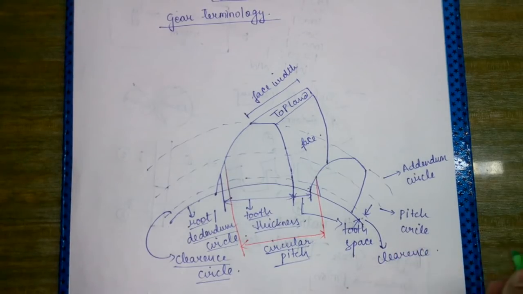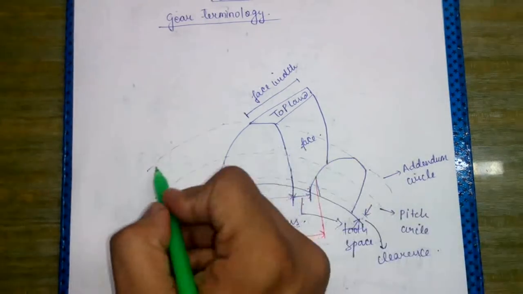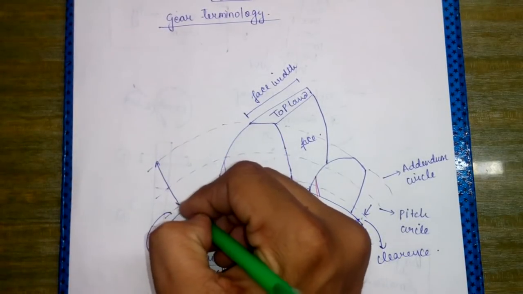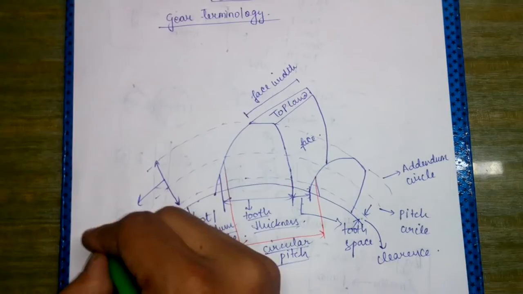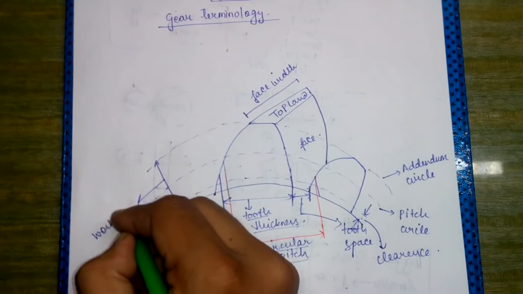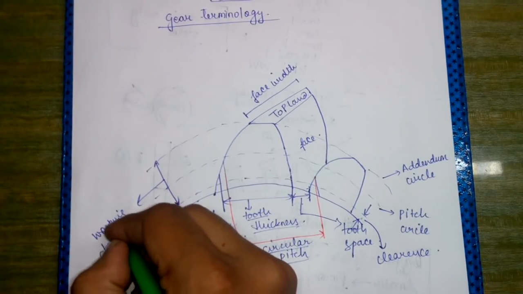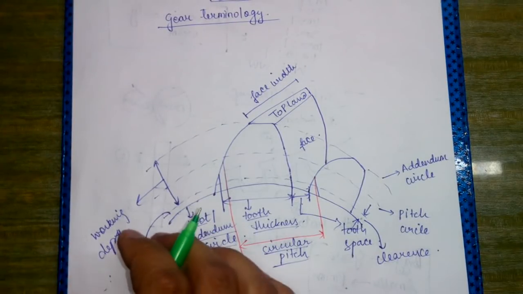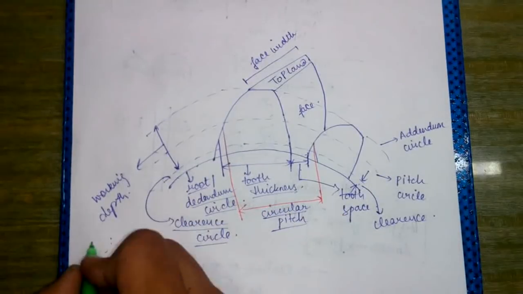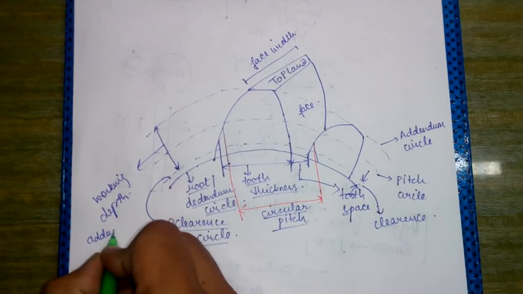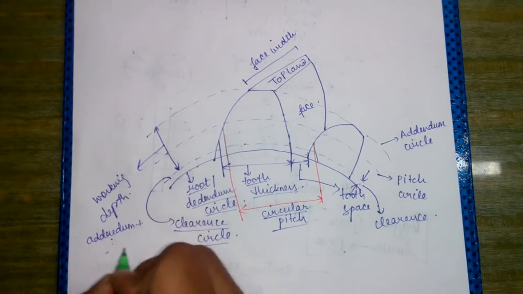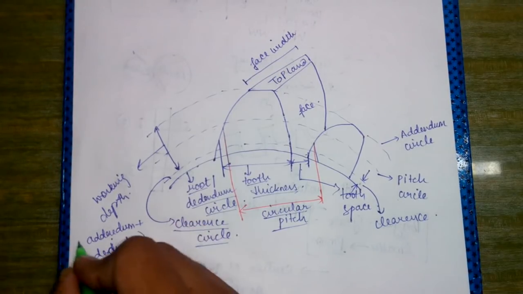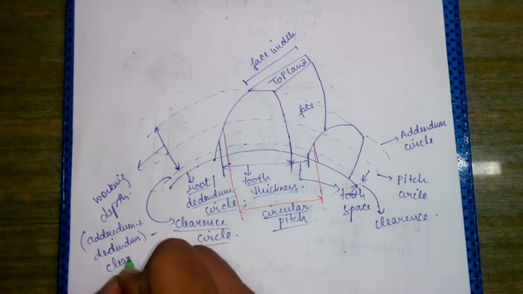This space is called clearance, whereas this entire distance is called the working depth, and working depth is nothing but addendum plus dedendum minus the clearance. So working depth is addendum plus dedendum minus the clearance.